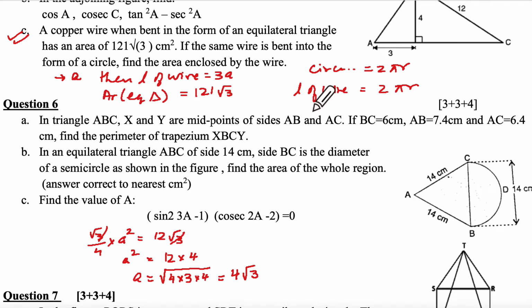Length of the wire is 3a. 3a means 3 into 4 root 3 is equal to 2 into 22 upon 7 into r. Correct? So r will be equal to 3 into 4 root 3 into 7 upon 2 into 22. Why am I getting an answer like this?